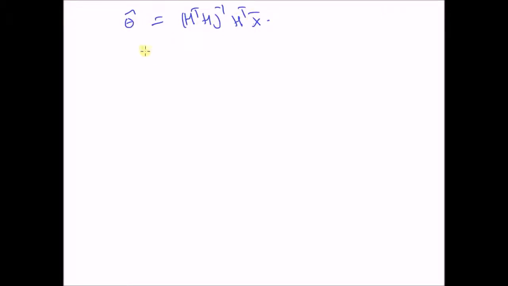And we already know that H transpose H, that is, the product of the observation matrix with its transpose, is equal to N by 2 multiplied by the identity matrix I. So its inverse is also an identity matrix, 2 by N into I.